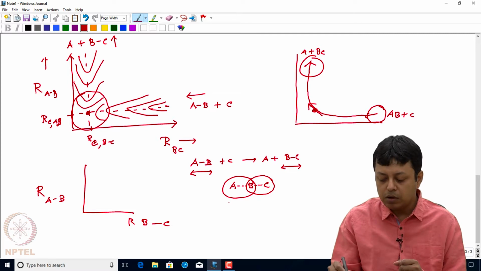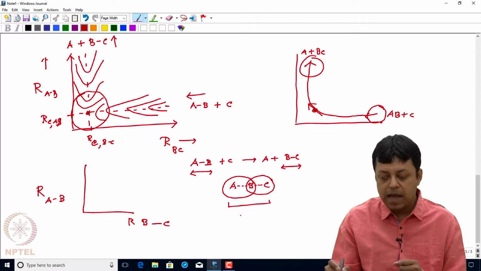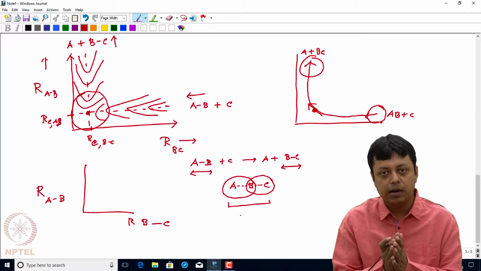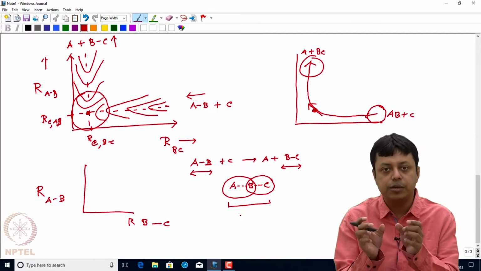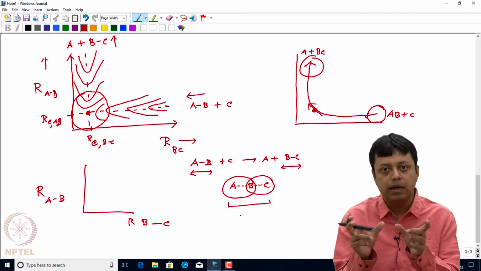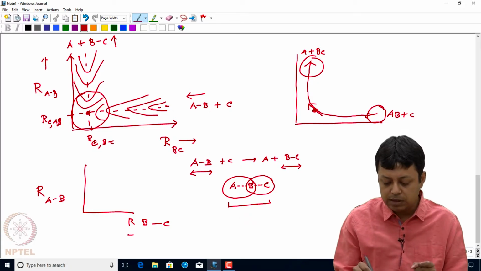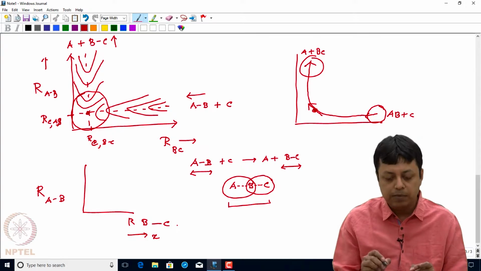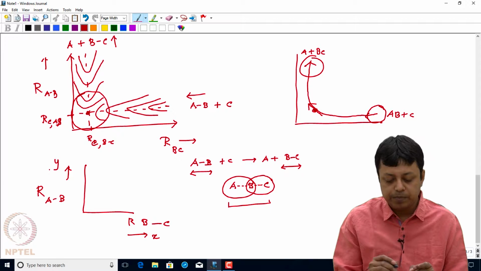Now this complex, which is called the activated complex, has two bonds. So similarly, if you do a normal mode analysis, you can expect two vibrations: one is a symmetric vibration, one is an antisymmetric vibration. What is a symmetric vibration? Symmetric vibration means both the AB and the BC stretch simultaneously. Now here's the beauty. Along the X direction, I have the BC vibration, and along the Y direction, I have the AB vibration.